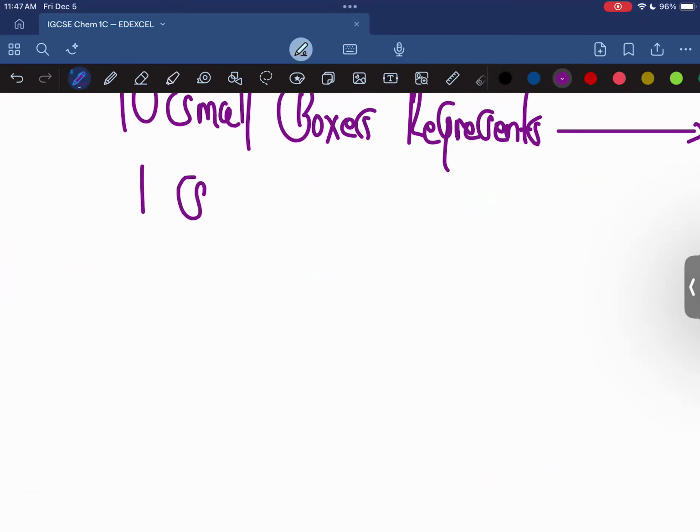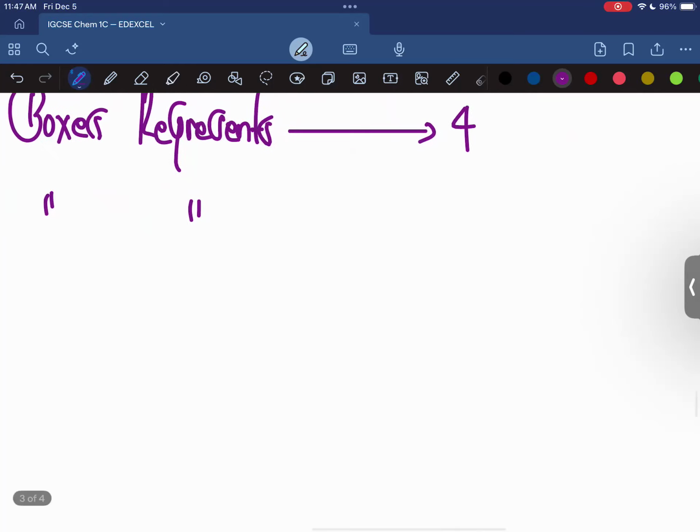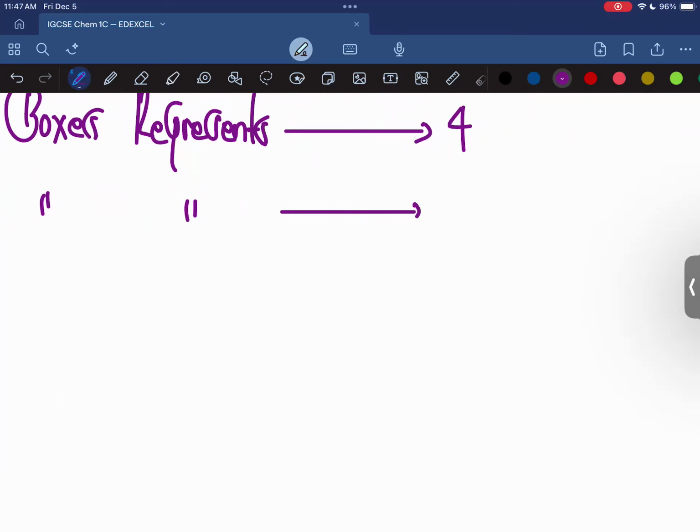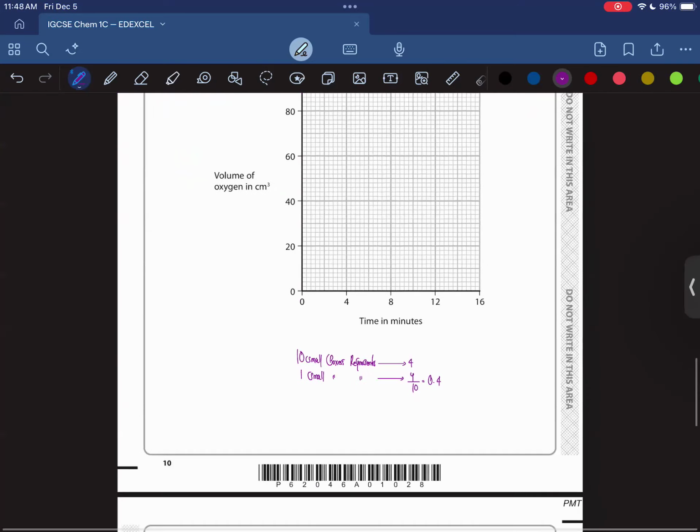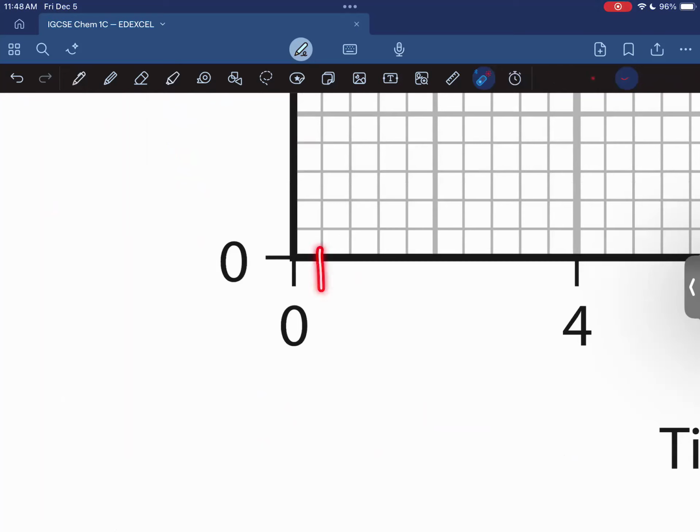One small box represents 4 divided by 10, which is equivalent to 0.4. If one of these small boxes represents 0.4, 0.8, and so on, then what does this box represent? How many boxes are over here? 5 boxes.